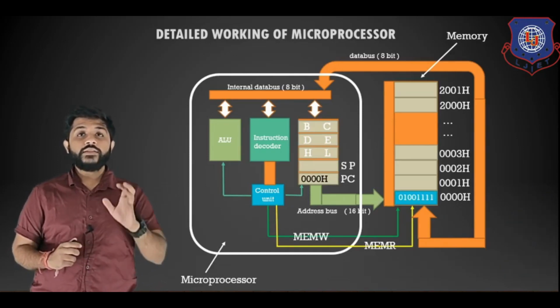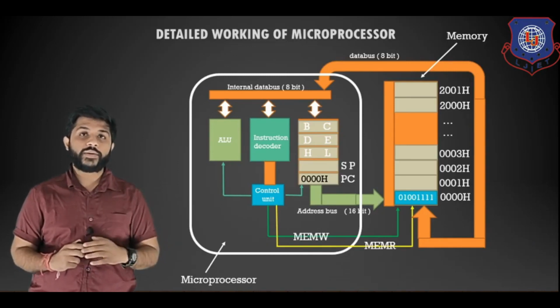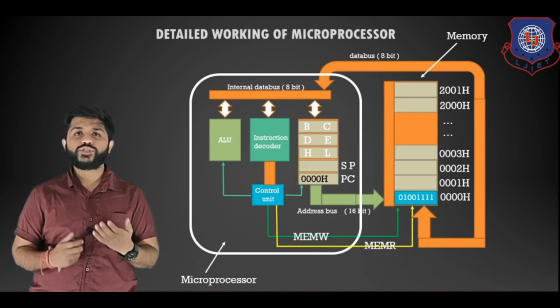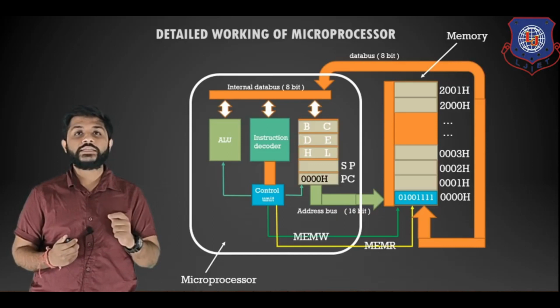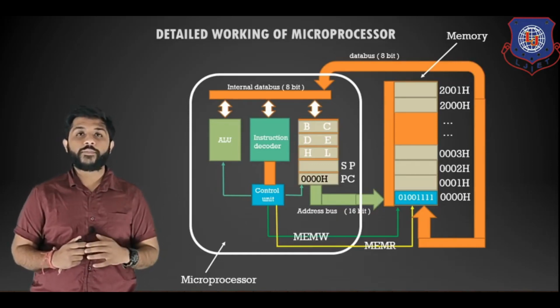You can see that the first and only instruction is stored in the memory in binary form, which is also known as machine language, and it's the native language of the microprocessor. Now the microprocessor is programmed.